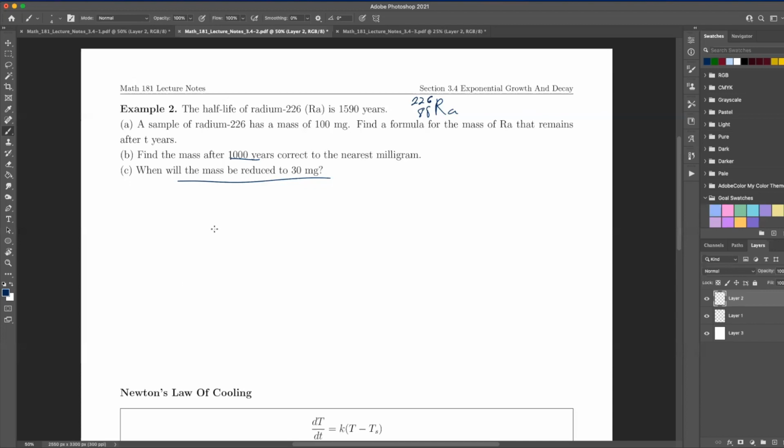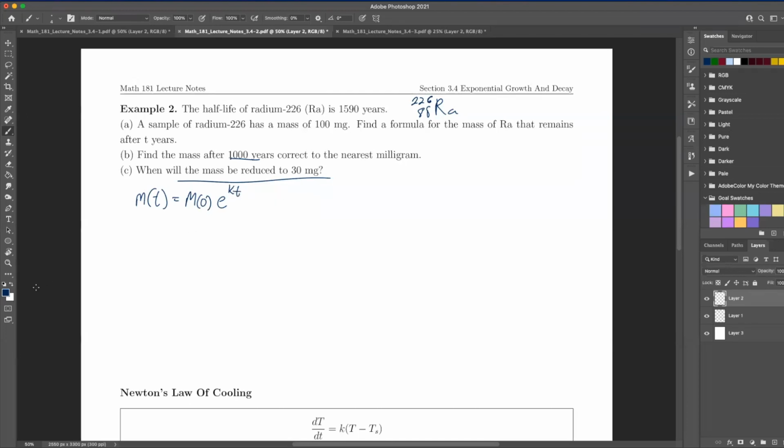So let's start first by writing out our formula. Here we're going to say the mass of how much we have left, as a function of time, is equal to the initial amount, m0 e to the kt.